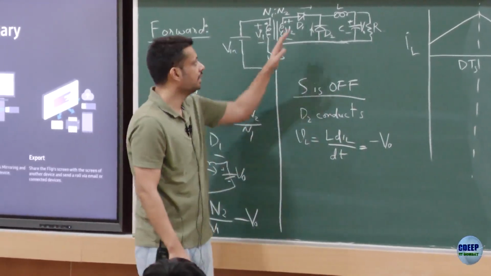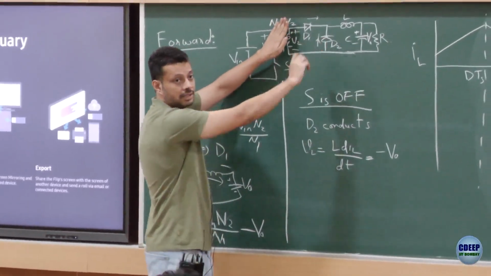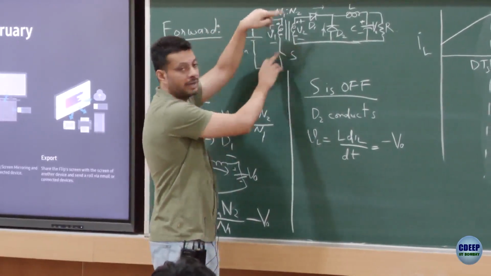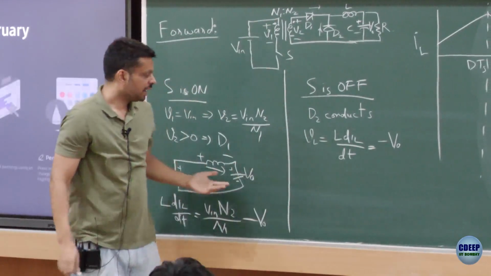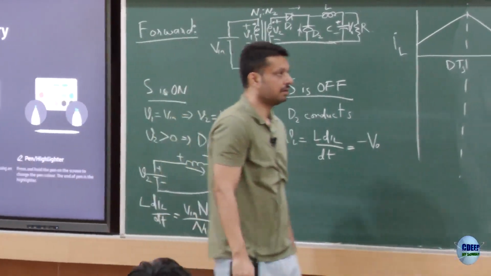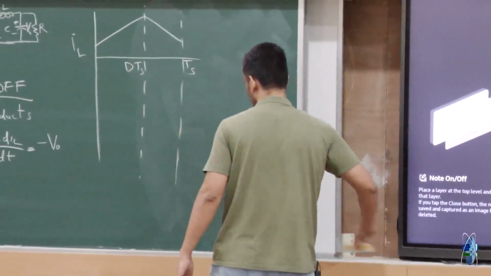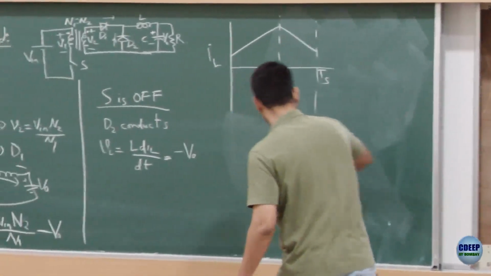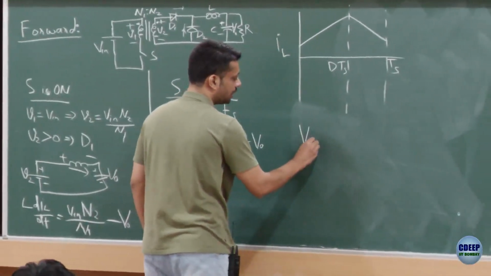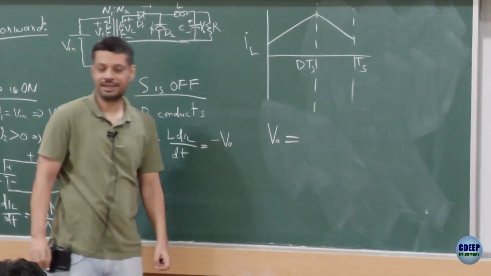The same converter. This is the buck converter, and the voltage source is now, instead of Vin, N2 by N1 times Vin. You can use the two equations, apply volt-second balance, and find the relationship between the average output voltage and average input voltage. What would you get? Any guess?